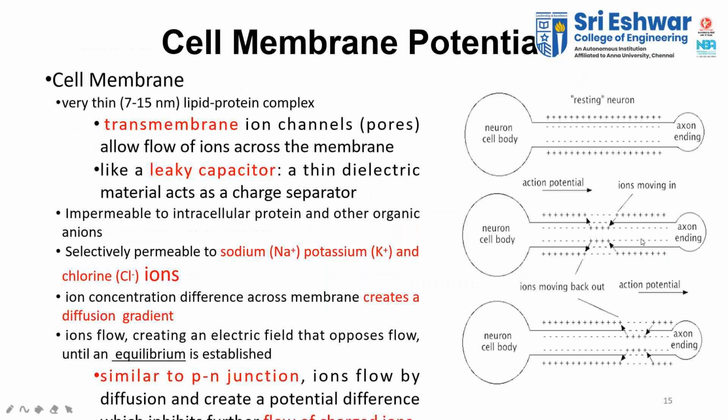Here the cell membrane potential is explained a little more clearly. This is your resting neuron: negative particles present inside, positive particles present outside. When we excite it, sodium and potassium ions will move from one place to another. Potassium and sodium carry positive charge and chlorine carries negative charge. These ions move from one place to another, so that it creates ionic current.